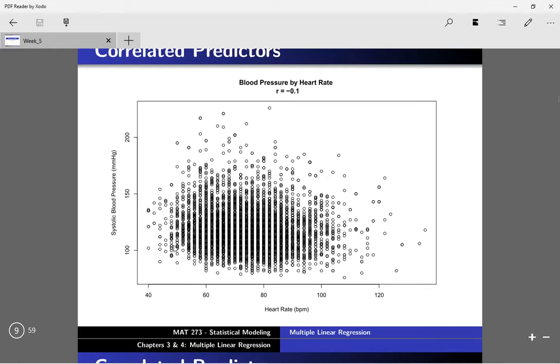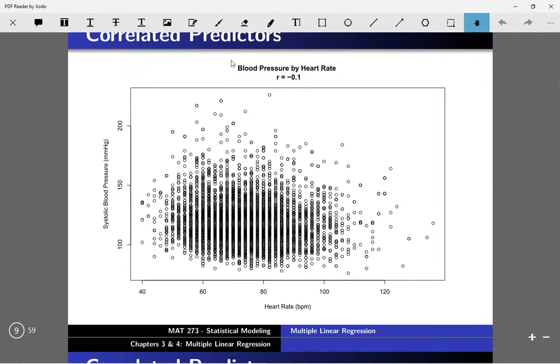Another variable we can look at for modeling systolic blood pressure was the heart rate in beats per minute. So here it's a little bit more difficult to see, but if we imagine the line of best fit going through here, it would probably look something sort of like this. It would be a negative relationship in the data. Maybe not even that pronounced.